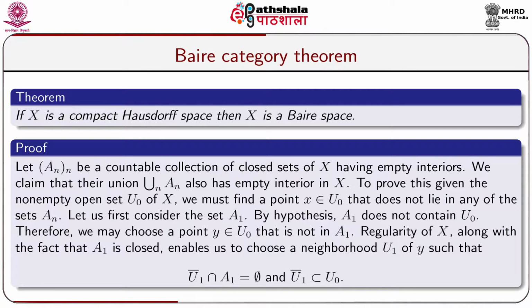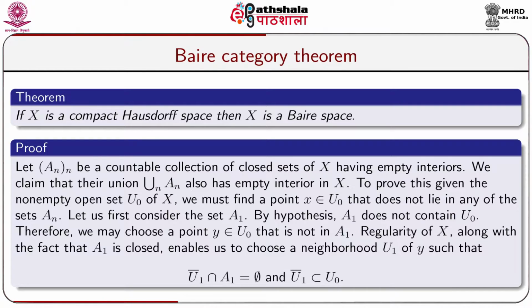So, to prove this, we have to show that the union of A_n does not contain any open set. For this, let us consider an open set U_0 of X. We have to show that U_0 is not contained in the union of A_n. That means we have to find a point x in U_0 that does not belong to any of the sets A_n.